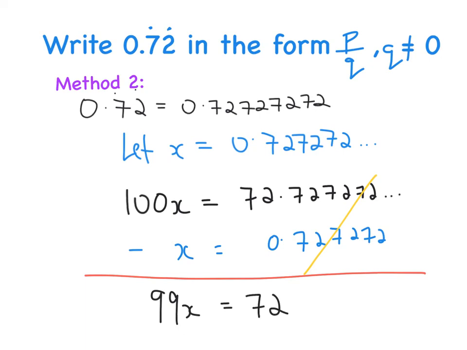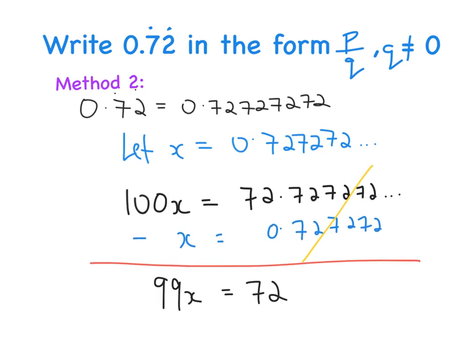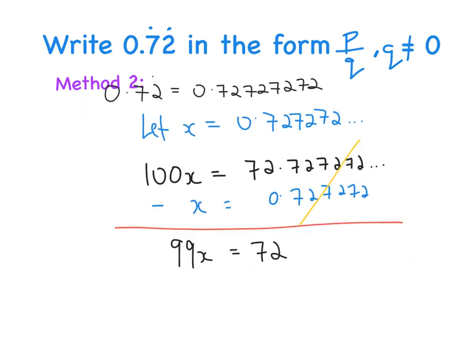Dividing across, x is equal to 72 divided by 99. Then reducing that down, I know that 9 goes into both, so that's going to be 8 over 11. Same answer as we had.